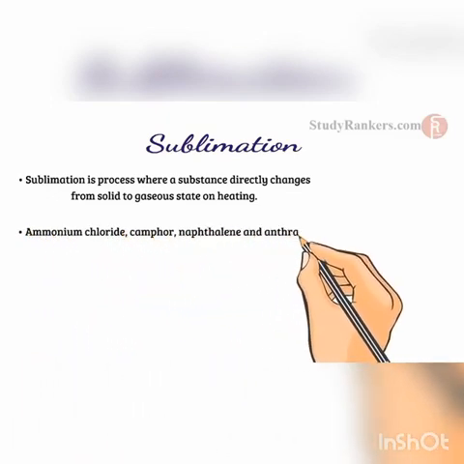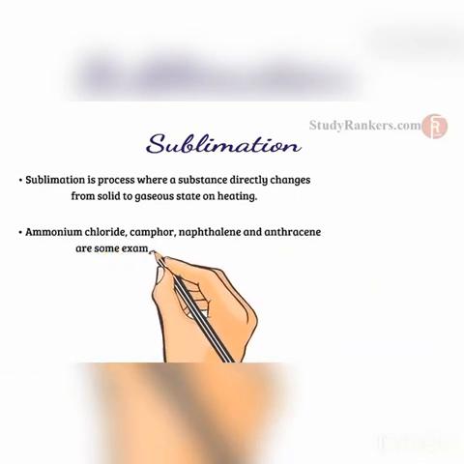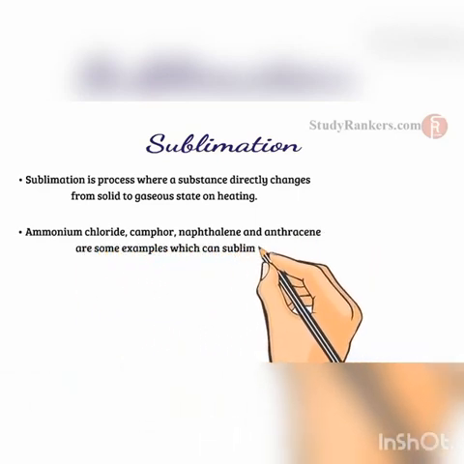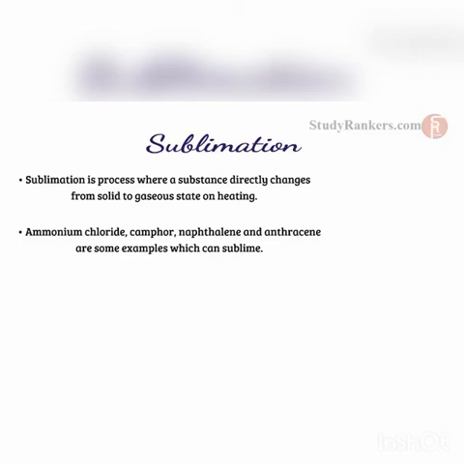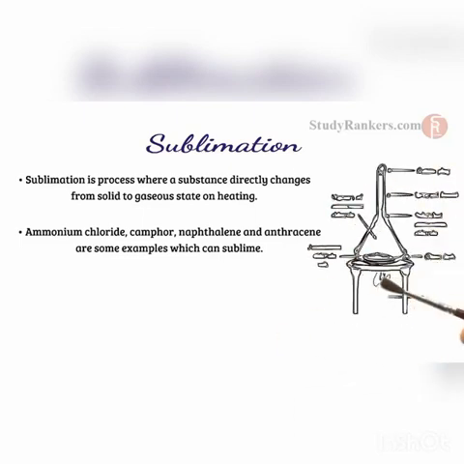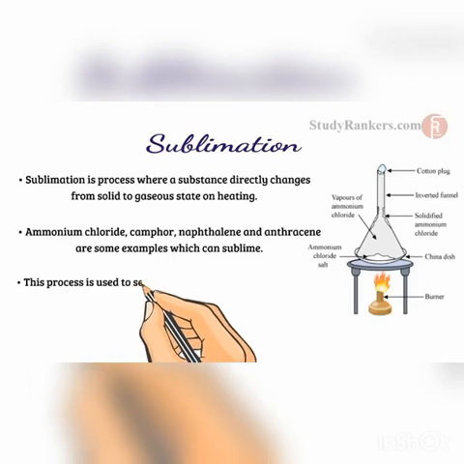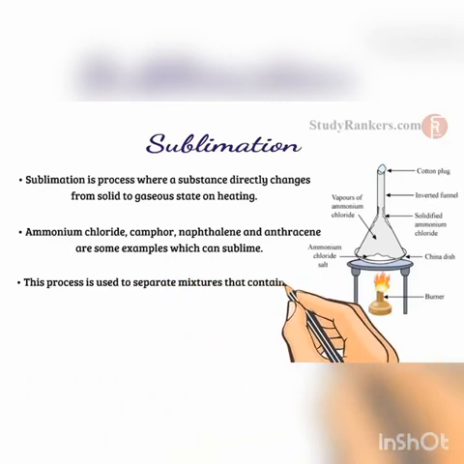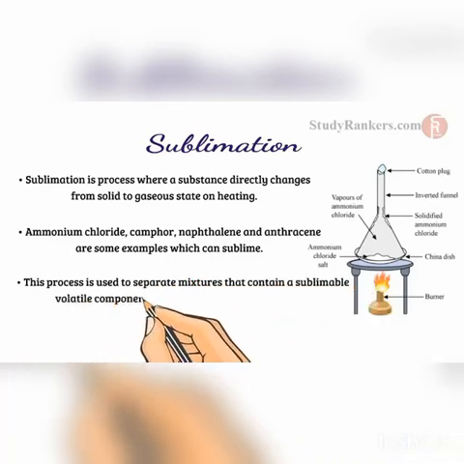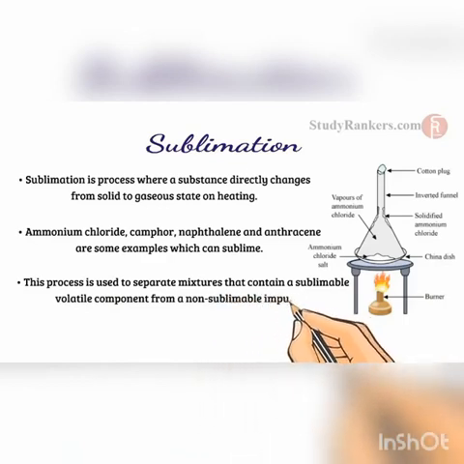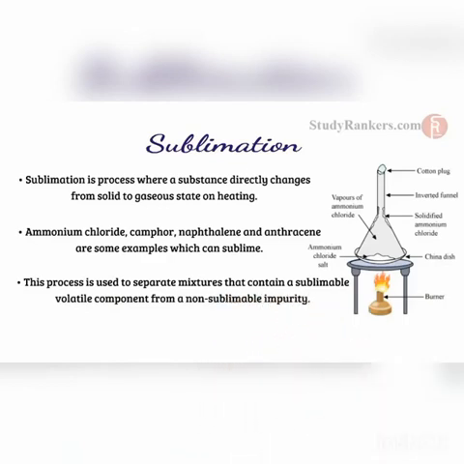Some examples of compounds which show the property of sublimation are ammonium chloride, camphor, naphthalene and anthracene. This process is used to separate mixtures that contain a sublimable volatile component from a non-sublimable impurity.